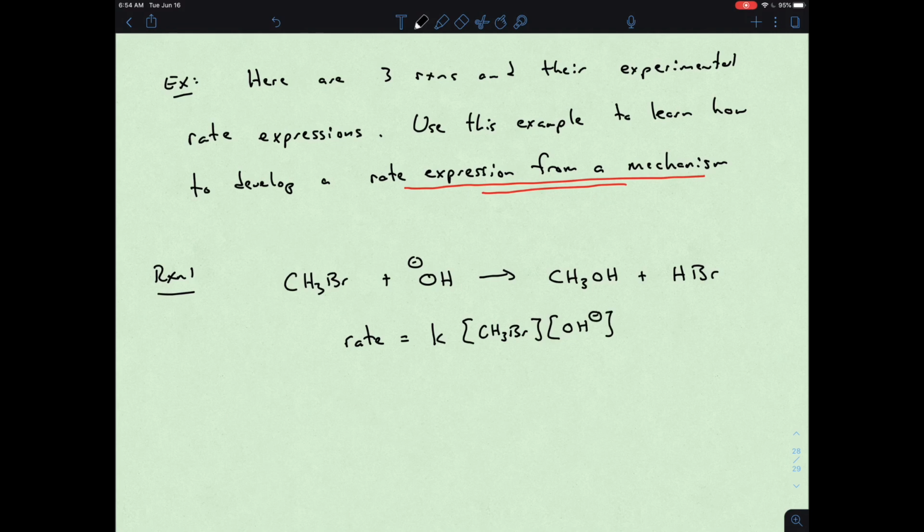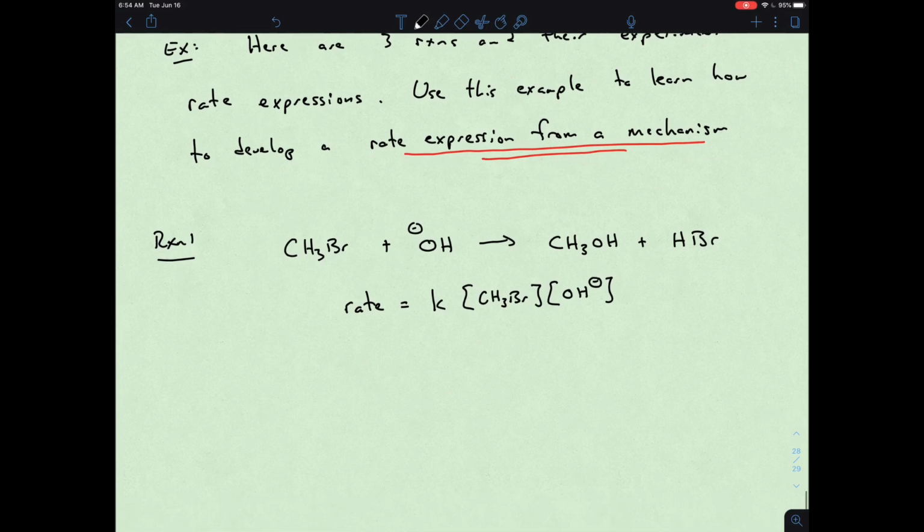That seems to be legitimate, right? We have 2 starting materials. They both need to run into each other on a one-to-one basis to produce our product. I'm just thinking on the mechanistic side of things. When I go to reaction 2, I change the reaction a little bit. I change the starting material, but I don't feel I'm changing it that much.